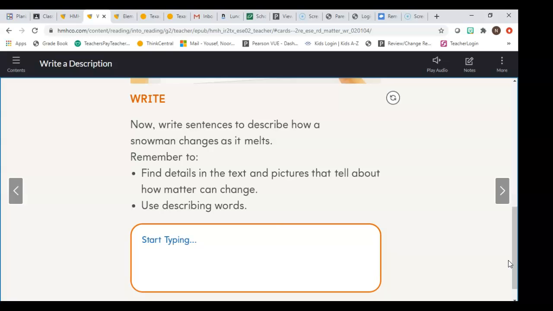So you're going to say the snowman changes as it melts because, how does it change? It is no longer a solid. It becomes a liquid. It is no longer cold. It becomes warm. It is no longer crunchy. It becomes, okay? That's exactly what you're going to do.